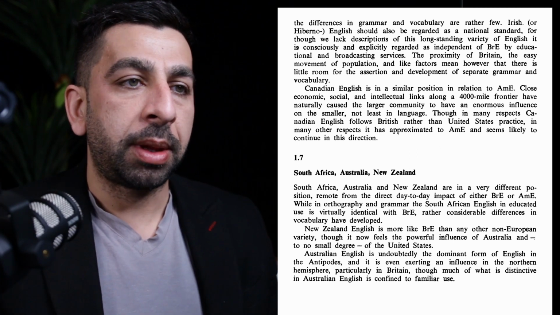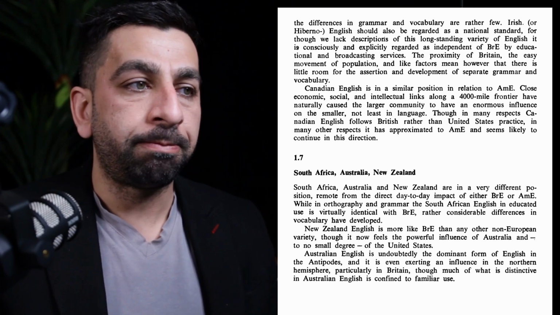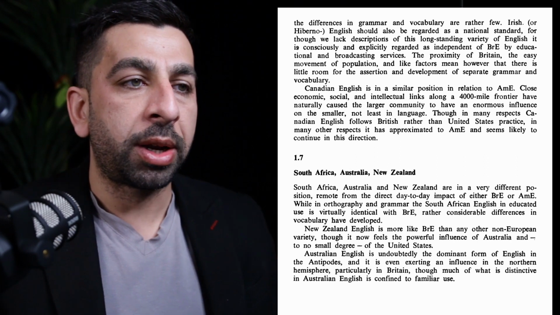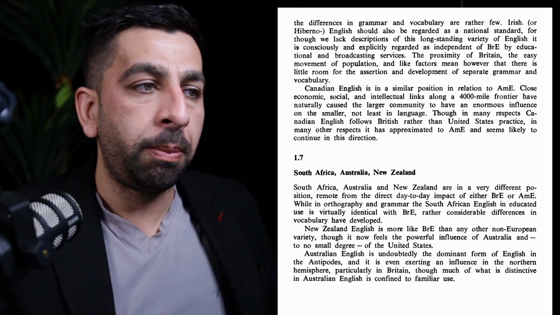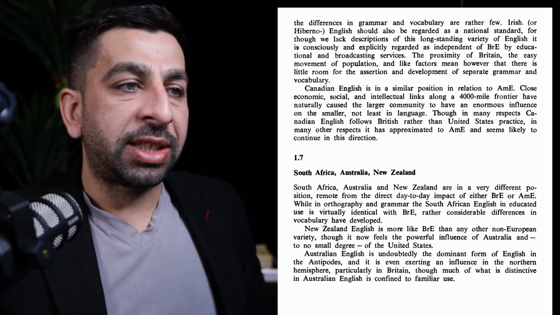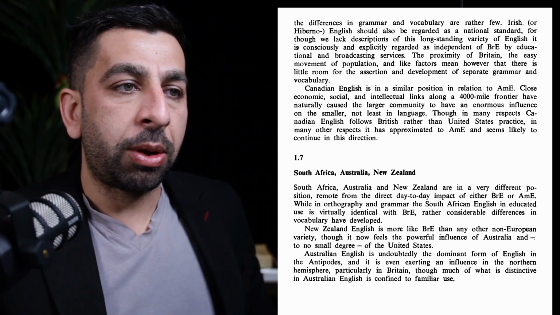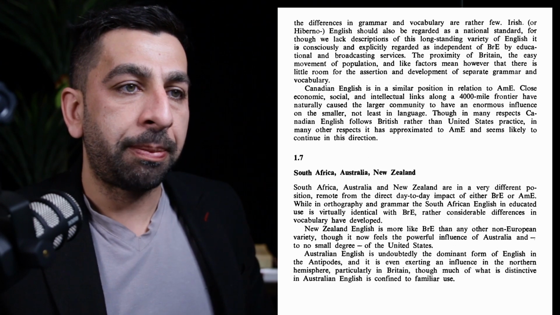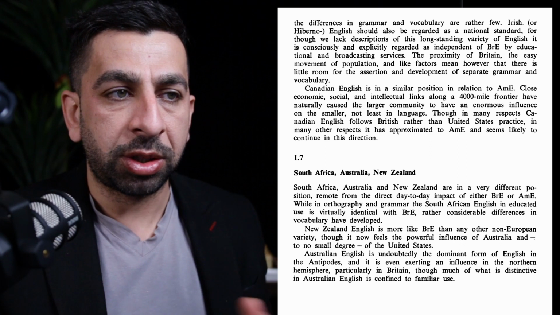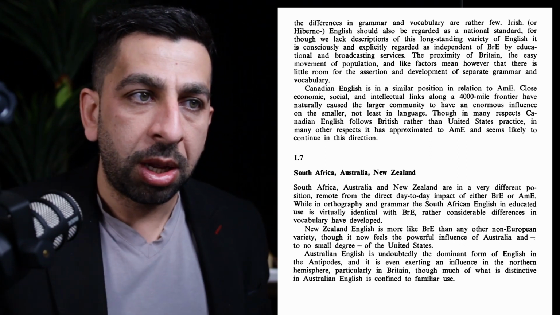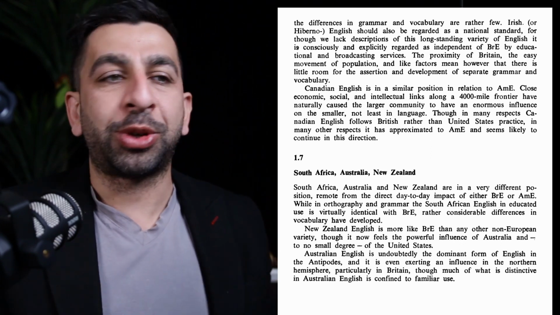Irish or Hiberno-English should also be regarded as a national standard. It could be a national standard for them. Though we lack descriptions of this long-standing variety of English, it is consciously and explicitly regarded as independent of British English. Meaning the Irish say it is very independent of British English.